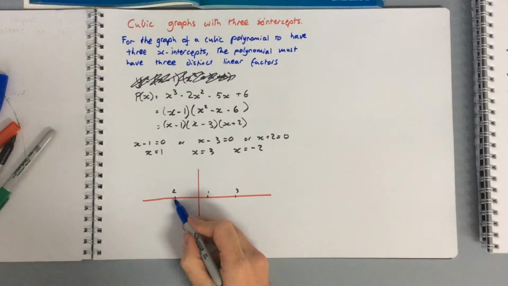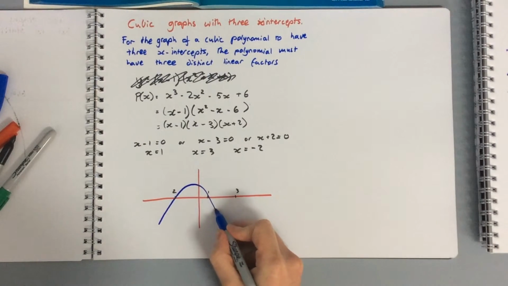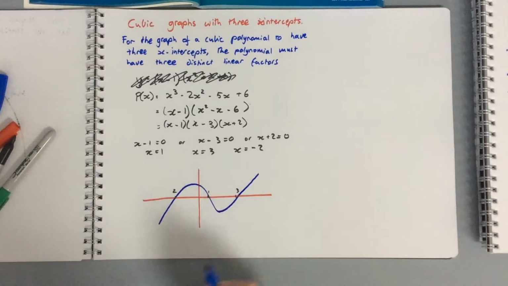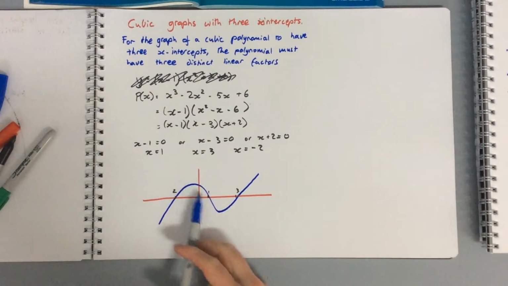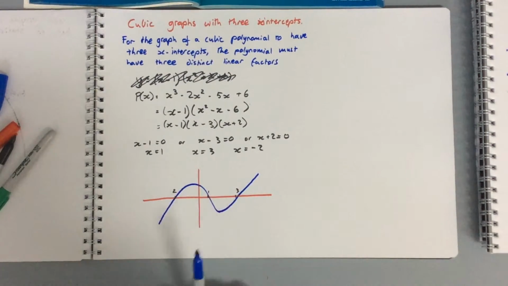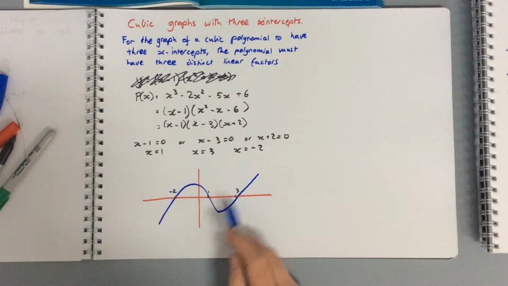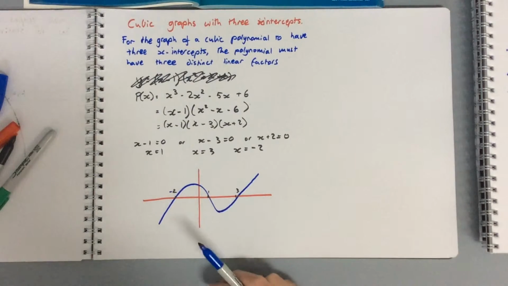So it starts below, here's our first term, so there we go. It's going to look something like that. Now I could find the y-intercept, again we'll look at finding turning points later on, but at this stage just look at the x-intercepts. So we've got minus 2, positive 1 and 3, and that's what the graph looks like.